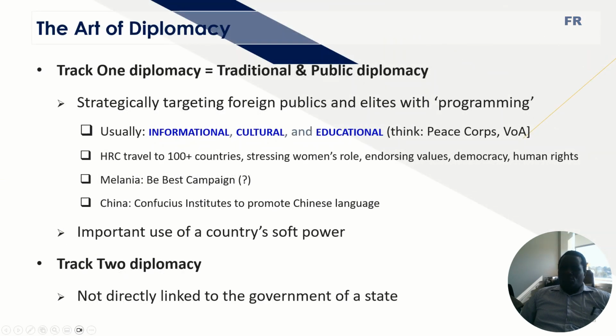Which brings us to two tracks of diplomacy. And so these two tracks of diplomacy include track one, which is public diplomacy, and track two, which is sort of person-to-person diplomacy. And so the track two diplomacy is usually sort of informational, cultural, and so on, and may be carried out by individuals.